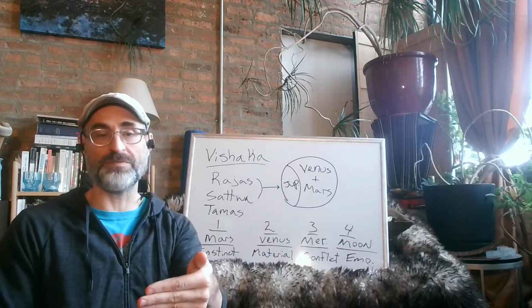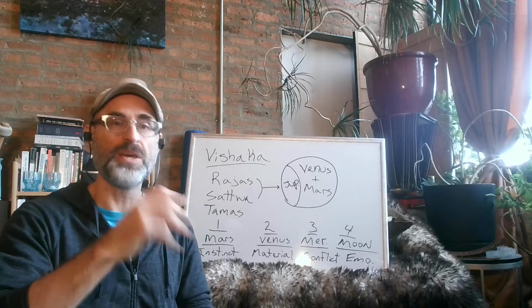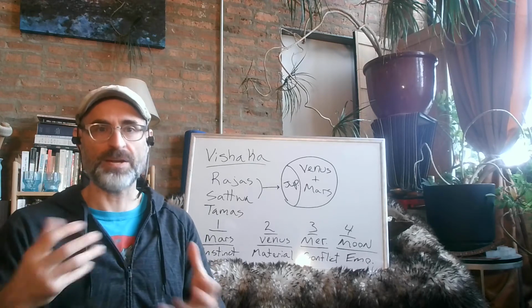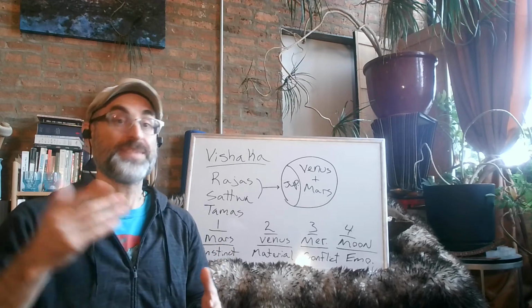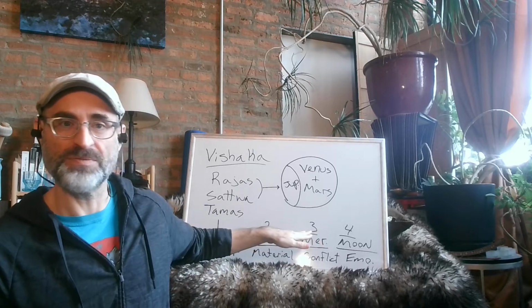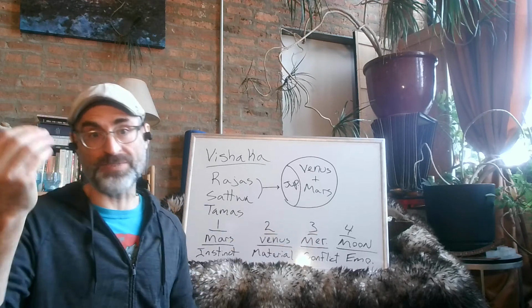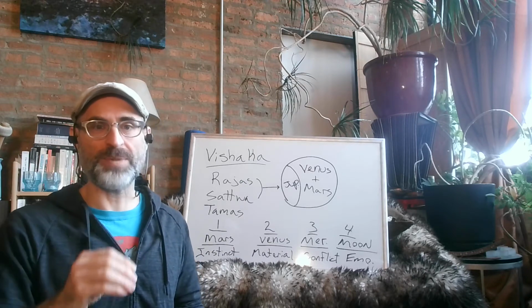So if you have Vishaka as a prominent placement somewhere in your chart, think about moon, sun, north node, etc., or ascendant. If you have this as a dominant energy, all four padas still function in your chart, right? But you're going to have a dominance of one or the other.